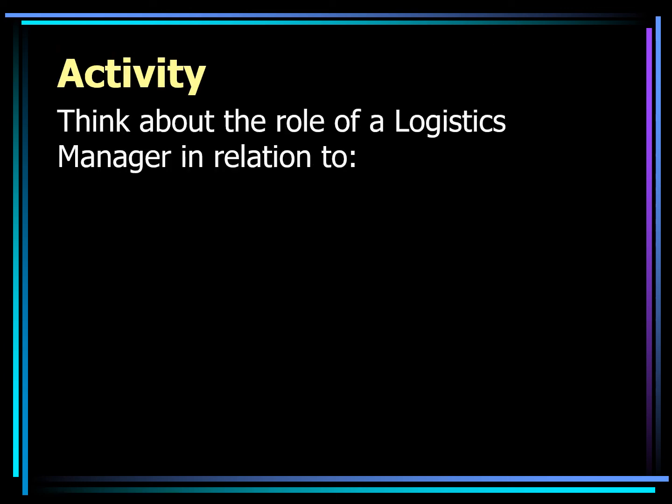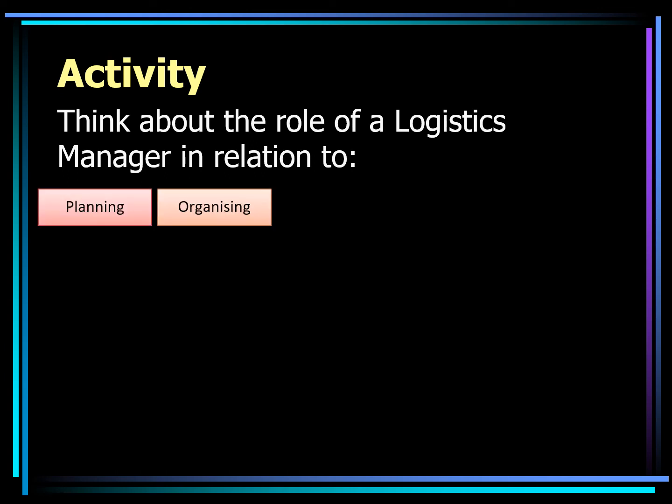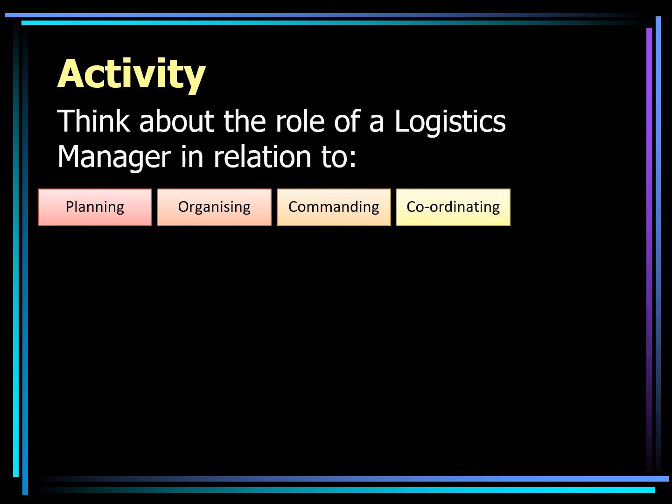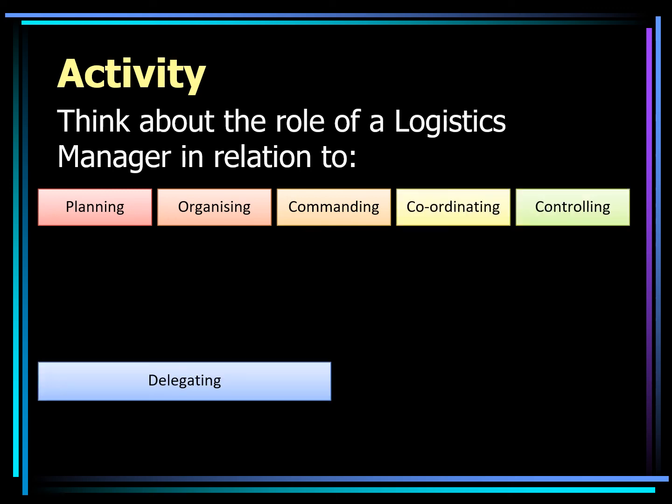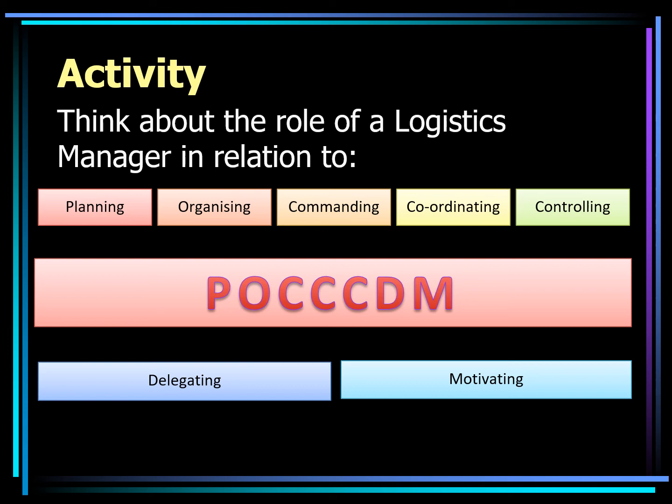Now, why don't we pause for a second and have a think about the role of a logistics manager in relation to planning, organising, commanding, coordinating, controlling, delegating and motivating. If you think way back to when we started looking at the first topic, our understanding business topic, that big one, we did go through what a manager does, what the role of a manager is, and it is this acronym of CCCDM.